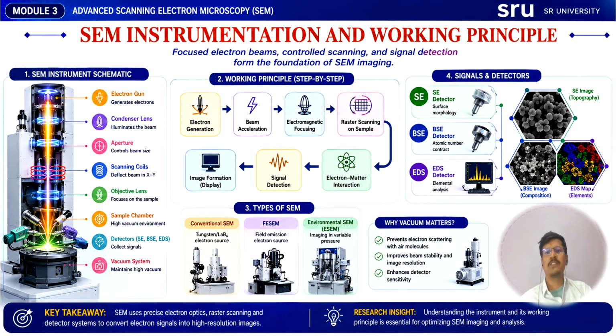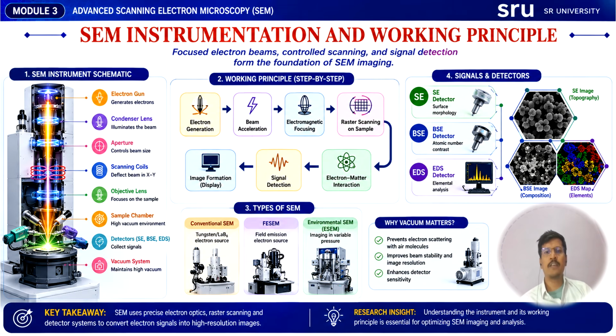Let us now discuss the major components of a scanning electron microscope and understand its working principle. A SEM instrument consists of several important subsystems that work together to generate high resolution images.